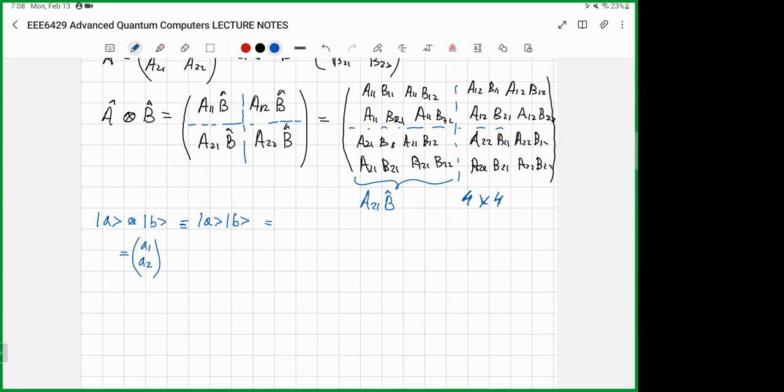This is the first ket vector, which is a column, and then the tensor product with the second one, B1, B2.